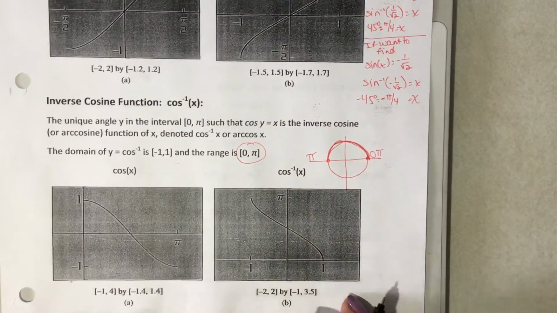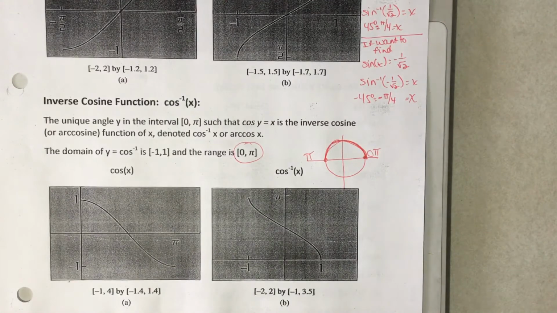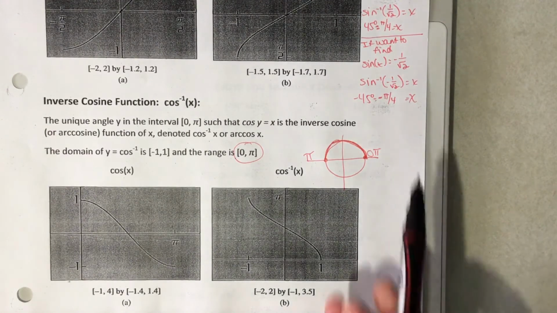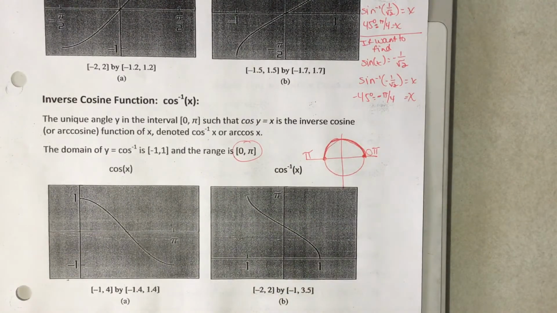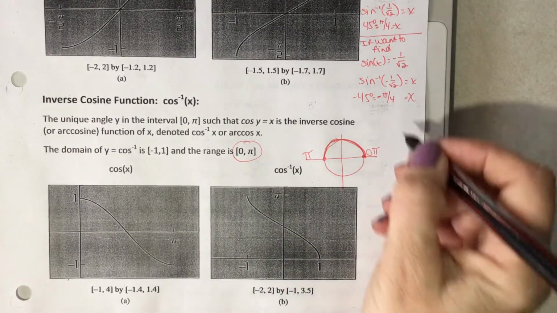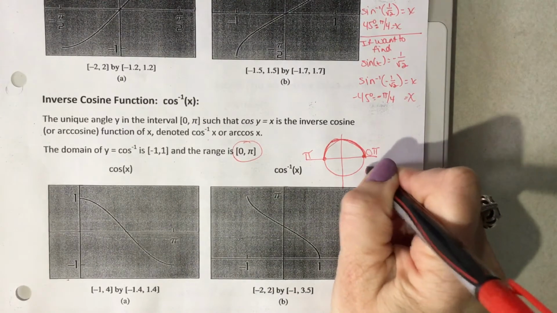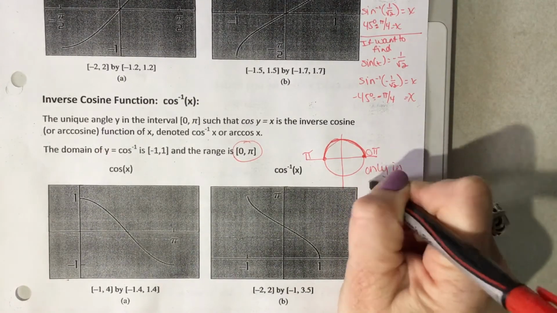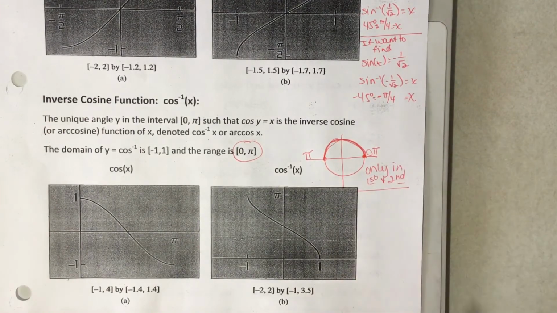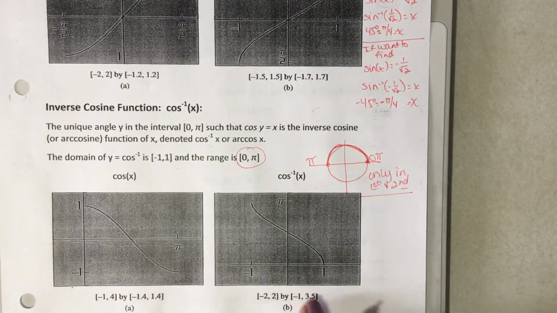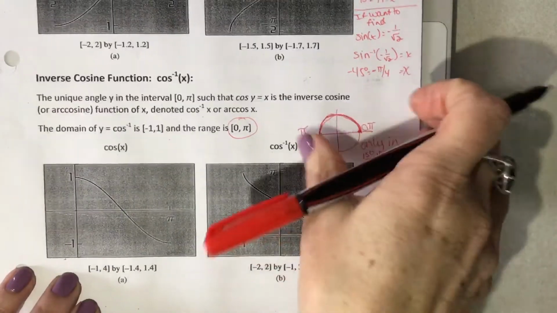And what's nice about cosine is that we don't have that negative stuff going on. We don't have to worry about the negative because we're only in the first and the second quadrants. All right, so now let's look at a problem using cosine.